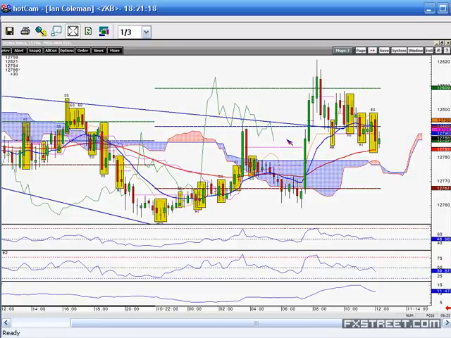Any questions about where I'm coming from, with regards to the bias, with regards to the long-term signal, with regards to focusing on target levels? In my personal trading, what I try to do is build in small.